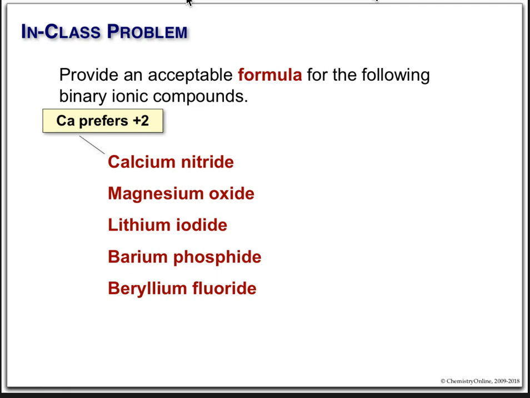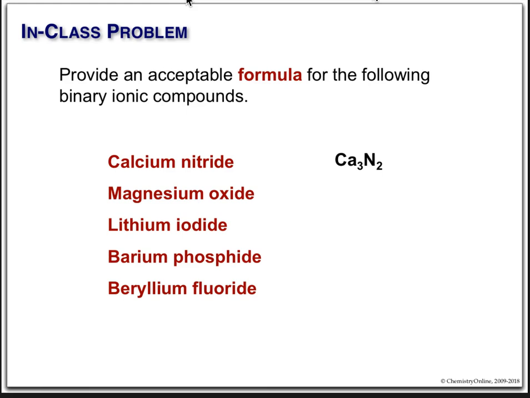Nitrogen is over here in the fifth group, so it's going to be a -3. So now is when you need to take the +2 and the -3. You can crisscross them if you want to come up with a neutral compound. We're going to need 3 calciums for every 2 nitrogens, and it will look like that.